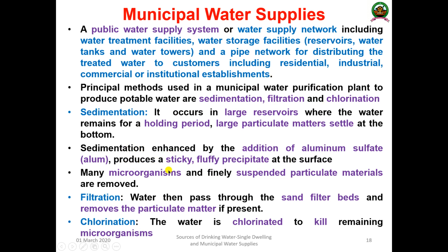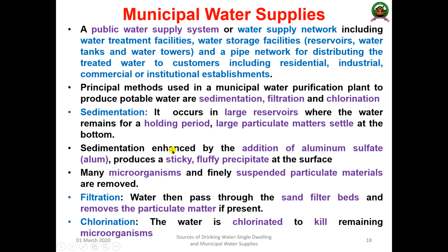Then this sedimentation is enhanced by the addition of alum, that is aluminium sulfate, which produces a sticky fluffy precipitate at the surface, and many microorganisms and finely suspended materials are removed in this step.